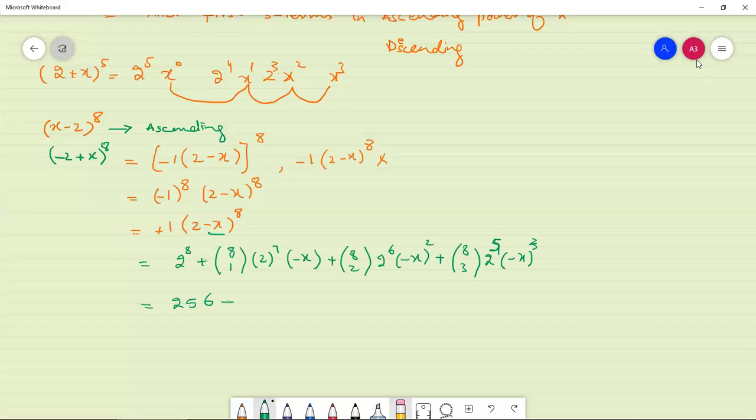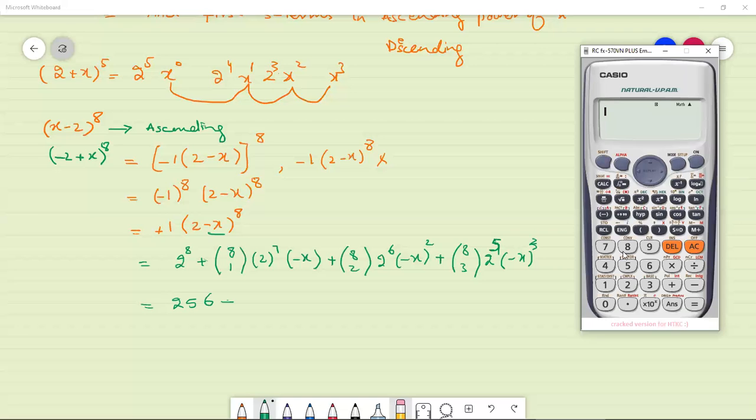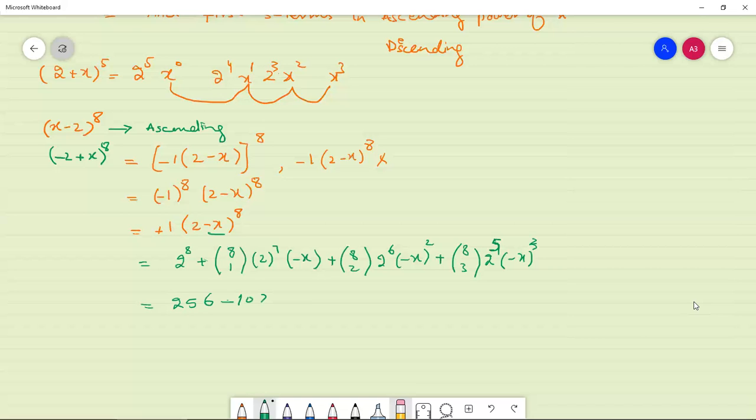I hope it is also 8. 8 into 2 power 7, let me calculate. 8c1, shift division, c1 is equal, multiplied by 128. 2 power 7 is 128, so 1024. So this would become 1024 minus 1024x. So plus, and so on.